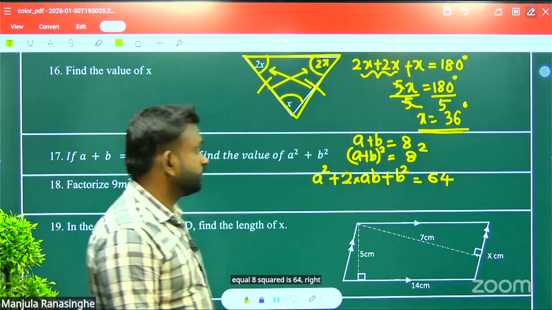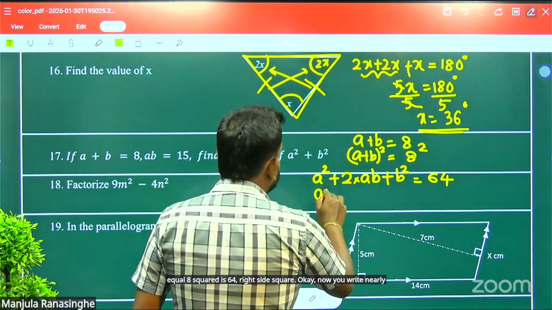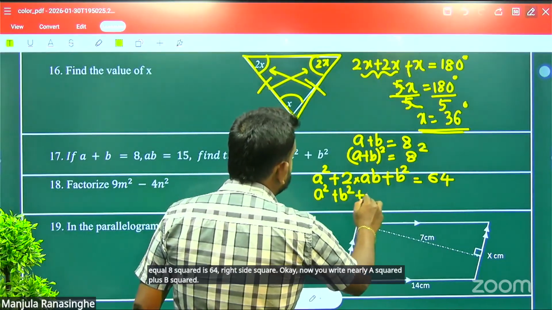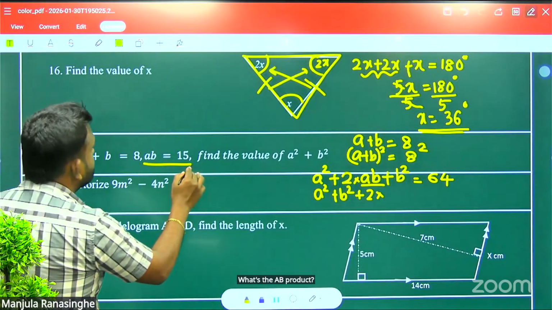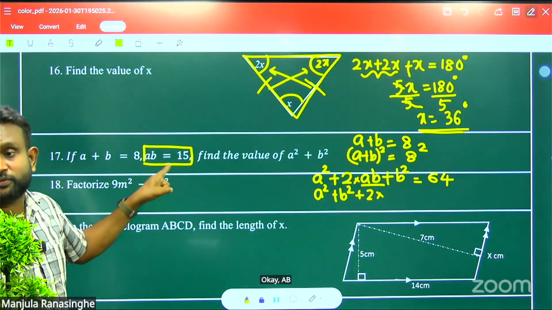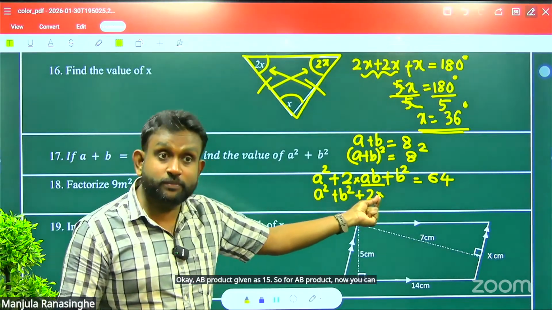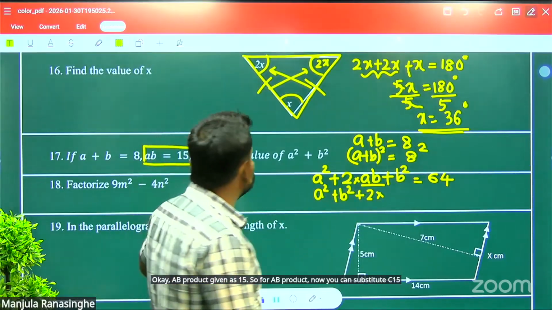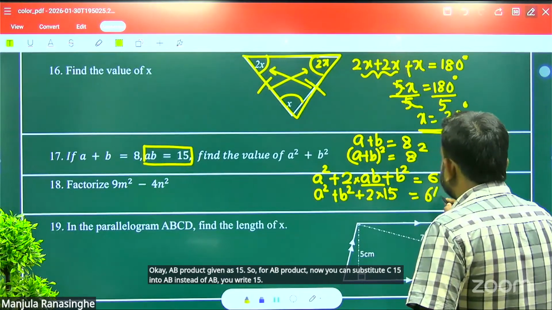Okay, now you write a squared plus b squared, plus 2 into ab. What's the ab product? ab is 15. Okay, the ab product is given as 15. So for the ab product, now you can substitute 15. Instead of ab, you write 15, equals 64.